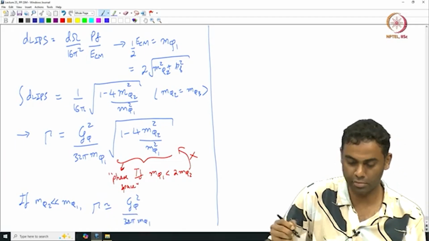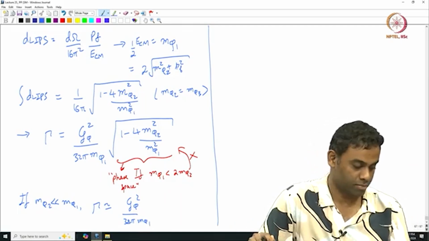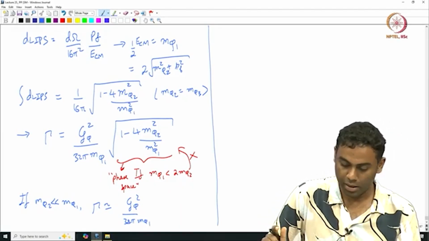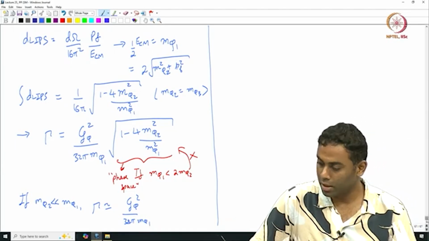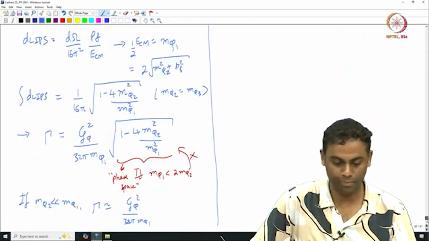The phase space is maximal now, it is just 1. So this is just what I wanted to highlight about decay rates with one simple example.